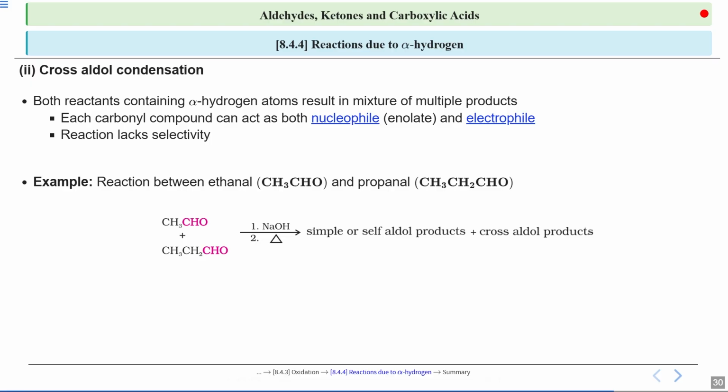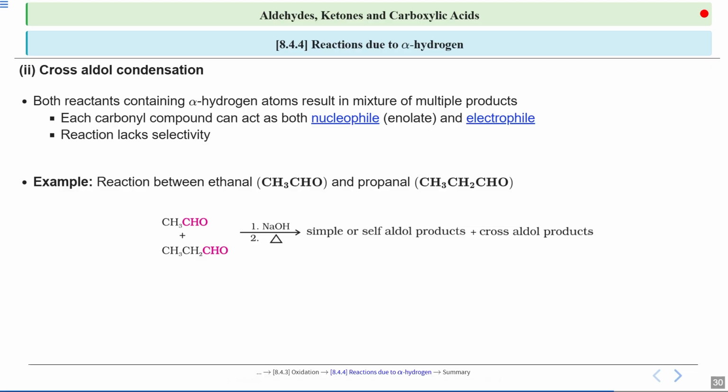If you look at this reaction, you have ethanal, which is CH3CHO, and you have propanal. When you do the cross aldol reaction, you will see that there are both aldehydes. They can react with each other in different ways because of their alpha hydrogen. In ethanal there is alpha hydrogen, and in propanal also there is alpha hydrogen. So this will give you a mixture of products.